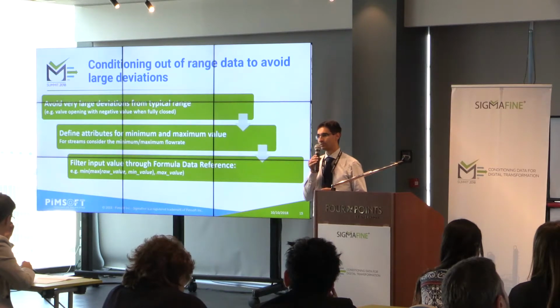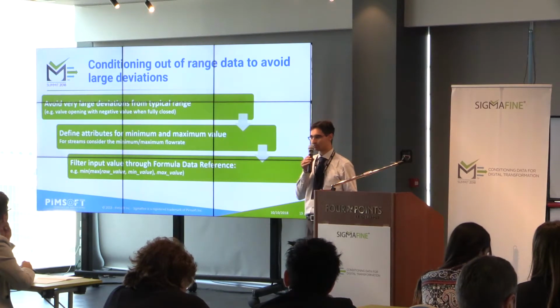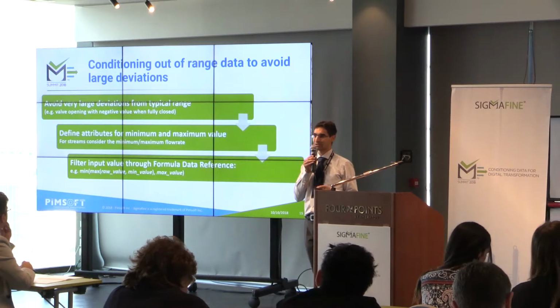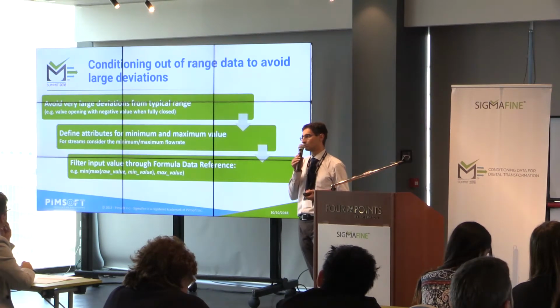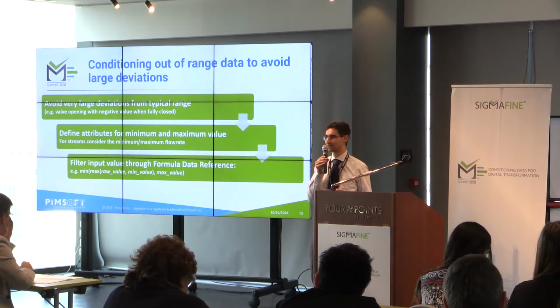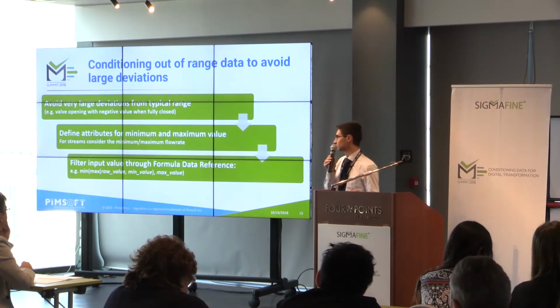So for example, if you have a valve which normally is thought to be between 0 and 100%, but for some reason you are handling a different range. In some cases it happens that when the valve is fully closed, you don't associate 0% but a negative value, to assess that the value is really closed, because you may have a limit switch.